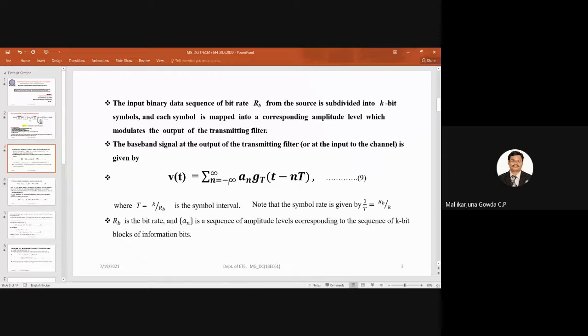Then when n is 2, a2 into g_T of t minus 2T. So g_T of t minus 1T, 2T, 3T and so on are the shifted versions of the signal which is there at the baseband, and which is multiplied by the amplitude of the signal. Even the amplitude level will vary based on the magnitude.